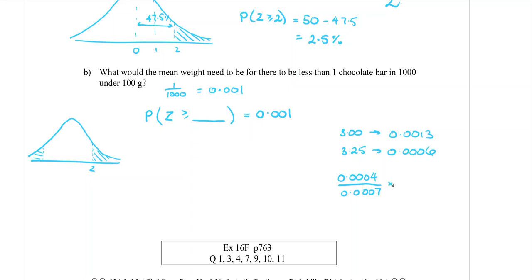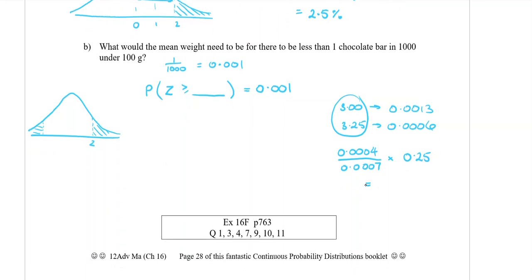Then I times that by something. What do I times it by? It's the difference. It normally is, but this is actually a big jump between those two. So it's how much those ones have gone up by, which is 0.25. And that will give us, hopefully, our z-score.